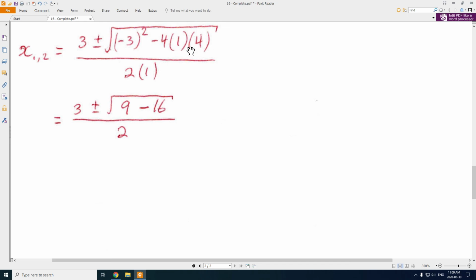Negative 4 times 1 times 4 gives me negative 16 over 2. Still simplifying inside of the square root there. 3 plus or minus root negative 7, right? 9 minus 16 is negative 7 over 2.